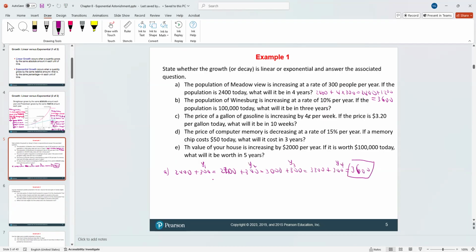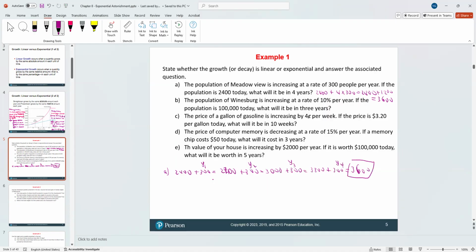Now, usually what I do, I go through one example and I let you do whatever we have left. If we go with B, remember in B, we said the population of Weinsberg is increasing at a rate of 10% per year. If the population is 10,000 today, what will be the population in 3 years?